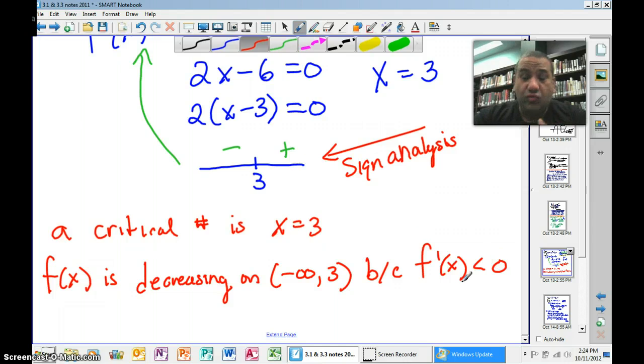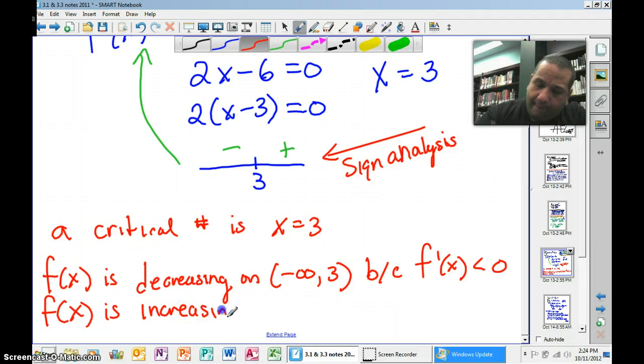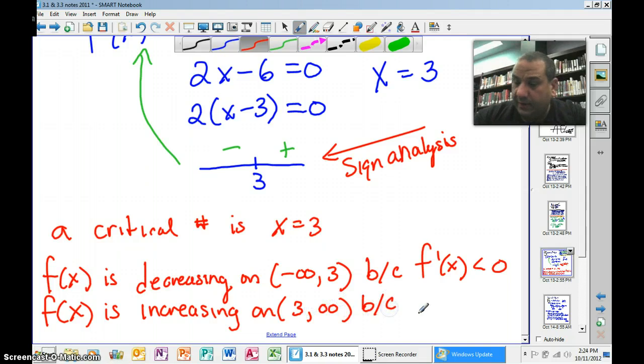So that's what you have to write, everything I'm writing. Okay? f of x is increasing on 3 to infinity because f prime of x is greater than 0. That's what you have to write.